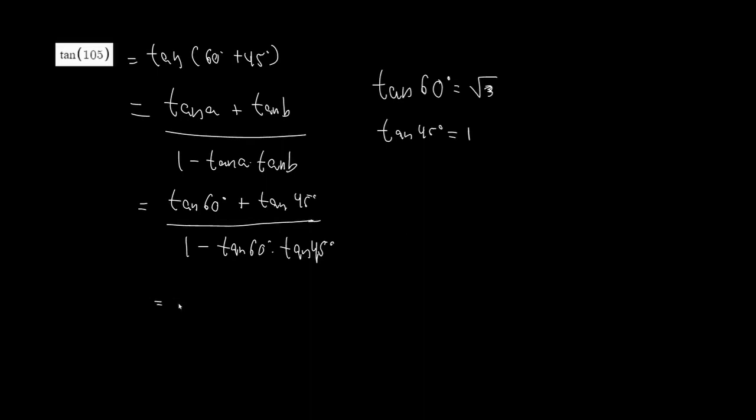Therefore, let's substitute. This is square root of 3 plus 1 over 1 minus square root of 3 times 1, which results in square root of 3 plus 1 all over 1 minus square root of 3. So this could be your final answer.